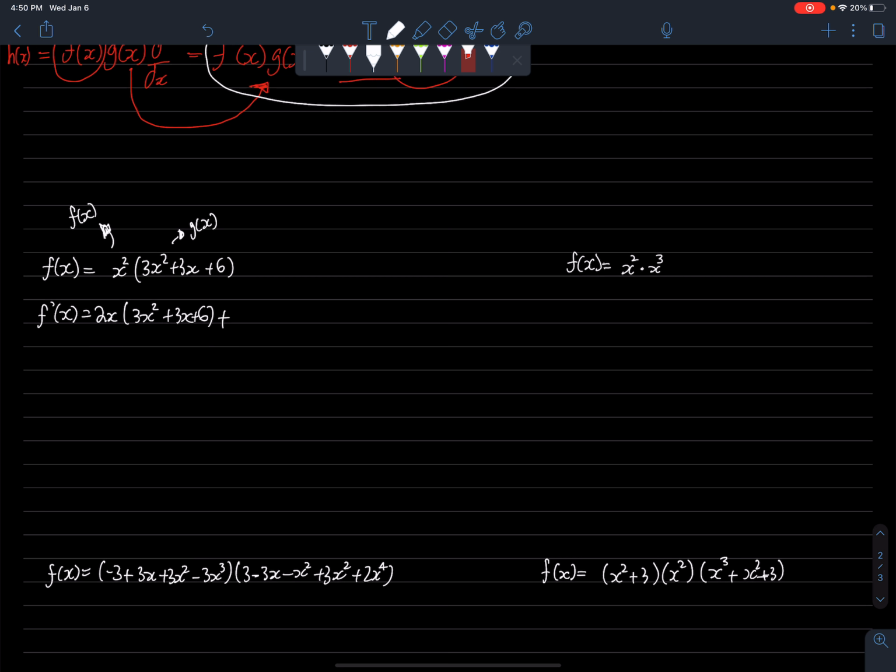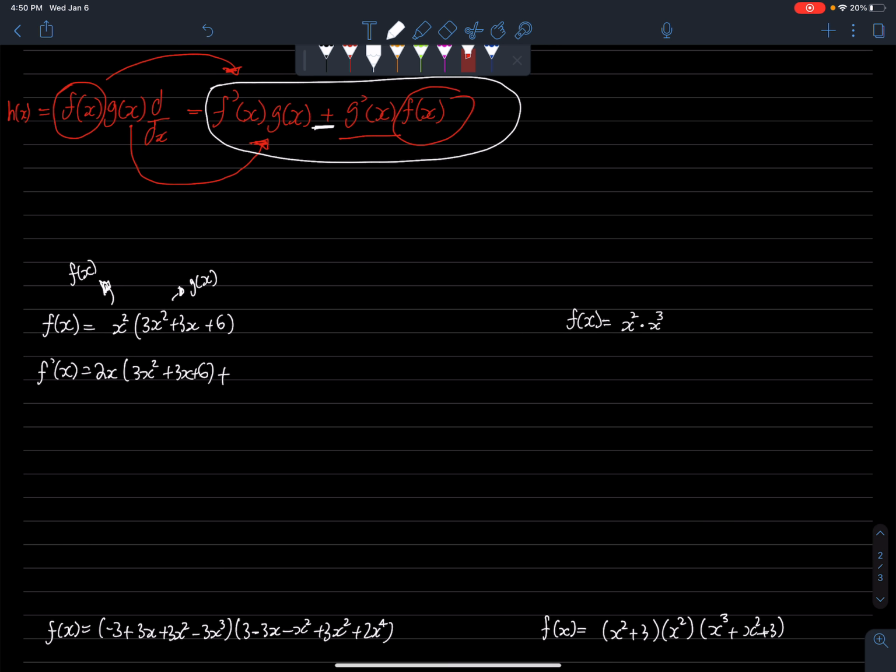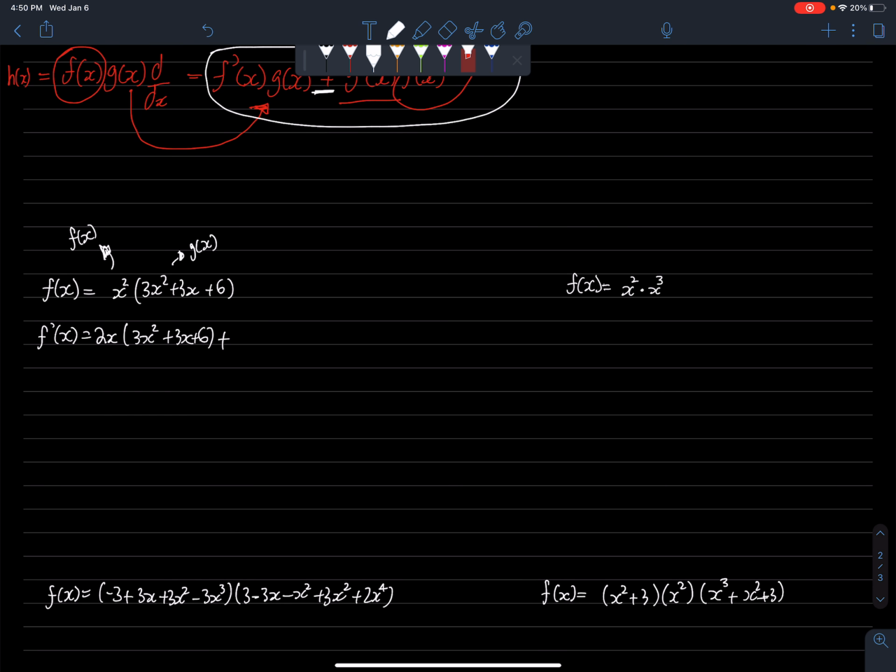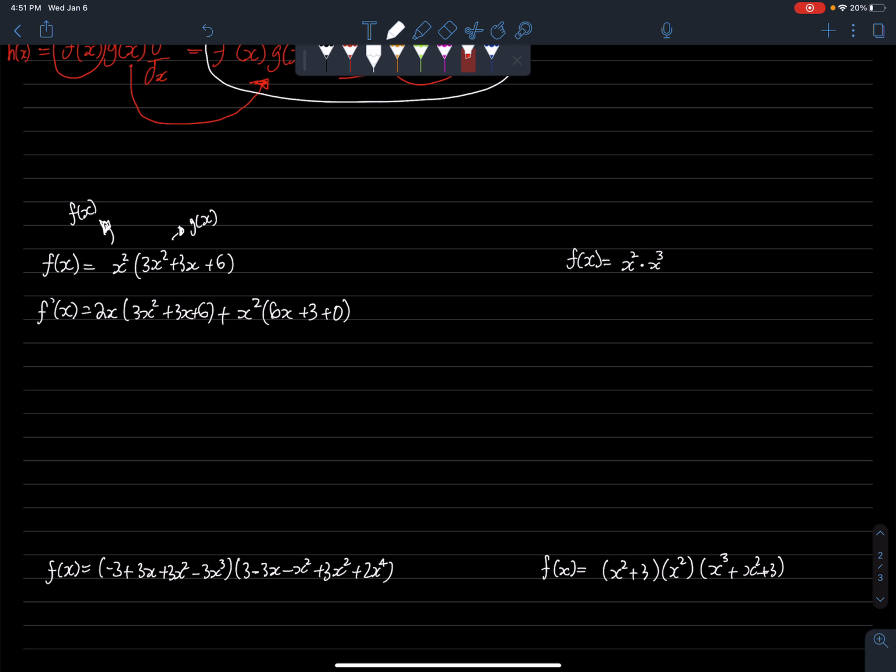And then we're going to add, as we can see it's an add, the base function f of x, so x squared, times the derivative of the second function. So 3x squared is going to be 6x plus 3 plus 0, right? That's our function. So now you could simplify this if you wanted to. You could just multiply it out, but there is no point in factoring. So I would just leave it there.